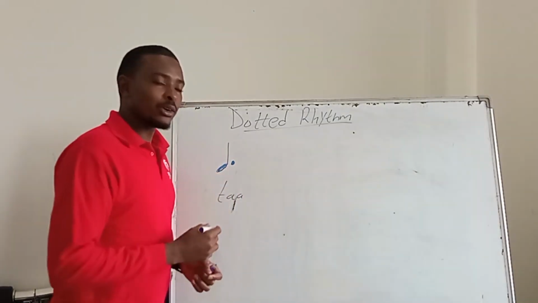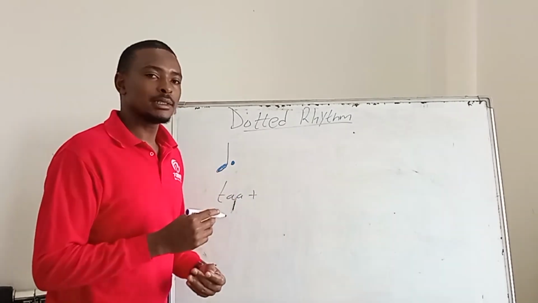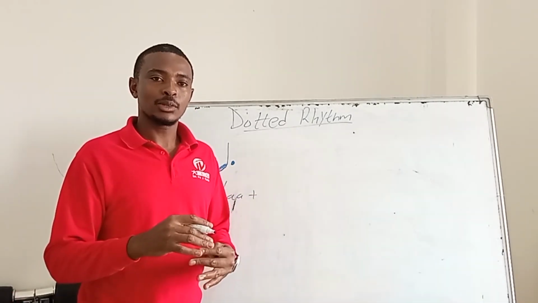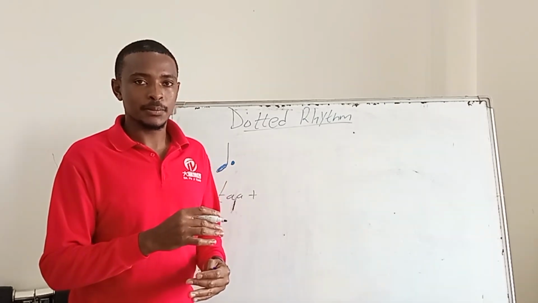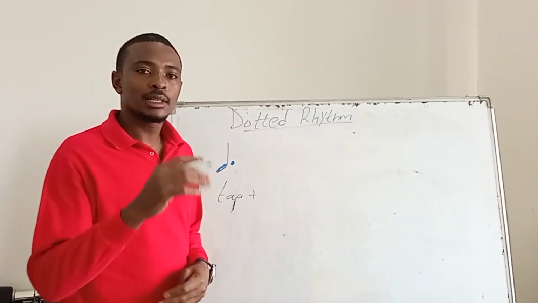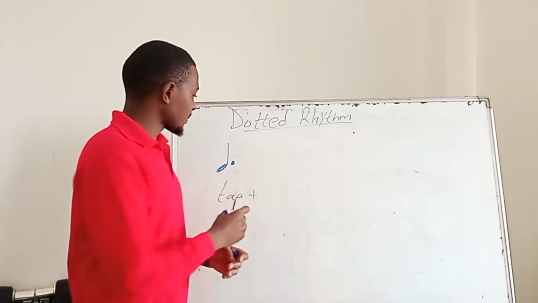Now, when you put a dot, you add something else. We say a dot is equivalent to half the value of the main value. So, if this is a crochet, then it means that our dot signifies a quaver.